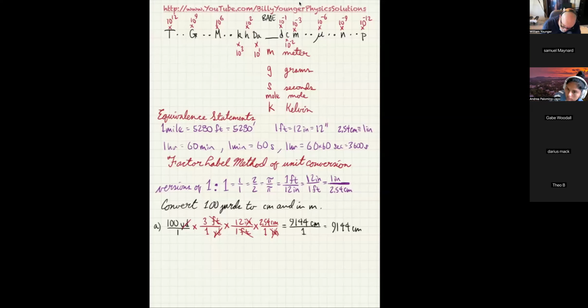What I know, for instance, is I can look at the tera, say the T, and I know that's bigger than the base unit. If we assume we're in meters, we could say that 1 terameter is equal to 10 to the 12th meters.